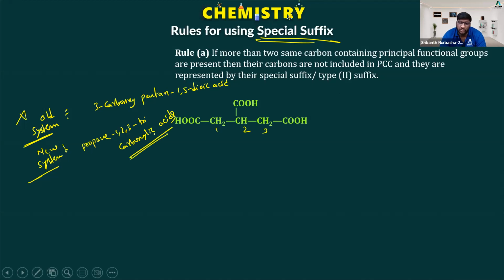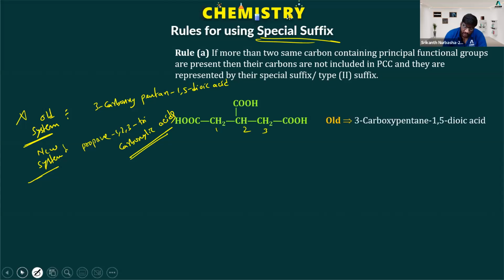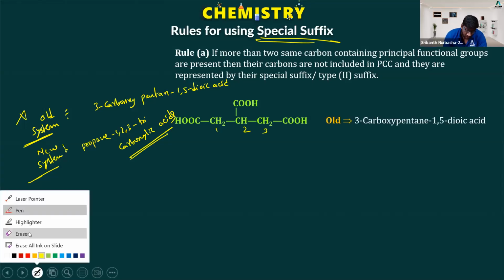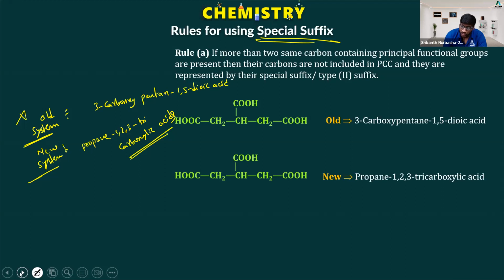That is the new system. Everyone got this or not? Yes, sir. So this is said to be 3-carboxypentane-1,5-dioic acid in the old system. In this case, it is said to be propane-1,2,3-tricarboxylic acid. This is the new system which has to be followed.